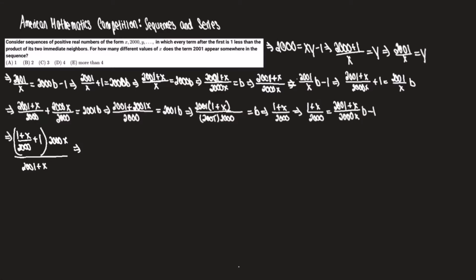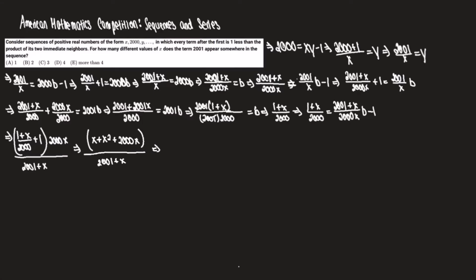So we have 1 plus x times 2000 over 2000x. So this is 1 plus x plus x plus x squared plus 2000x divided by 2001 plus x.